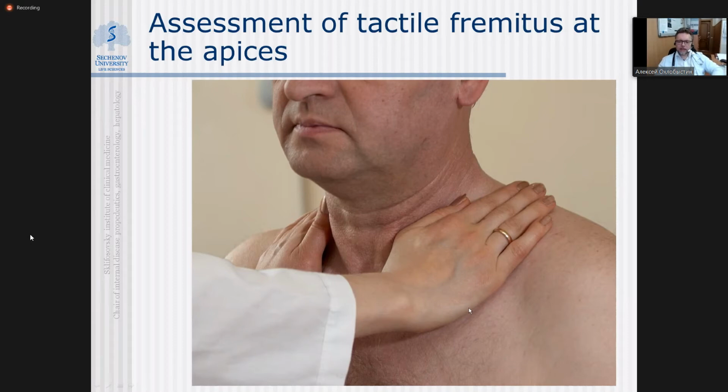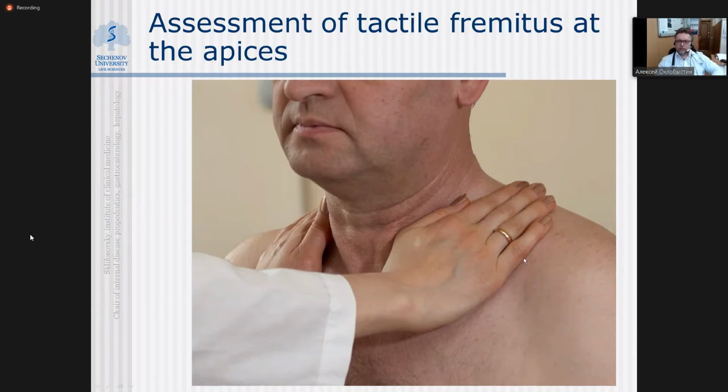They apply that because it will better conduct vibration. We use fingertips and fingers that are more sensitive. Again, it's up to you and what you're adapted to do. So typically we use it like that, and if you have a practical exam in propedeutics, better use your fingers.